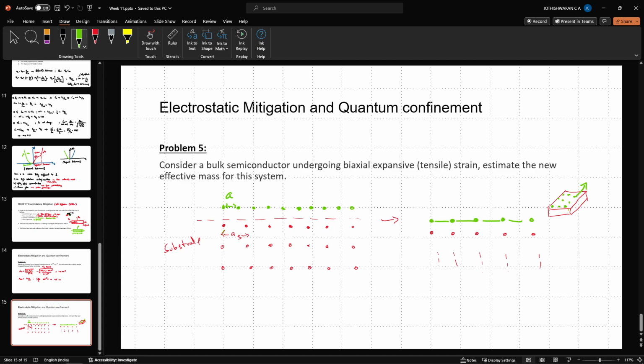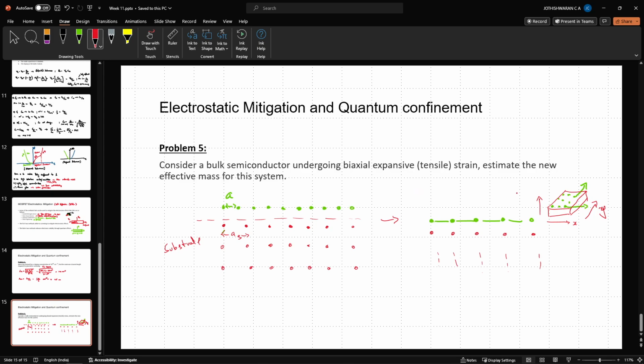Now there will be stress along both these directions because the lattice needs to be matched along the x-axis and the y-axis. Let me say this is the x-axis and this is the y-axis. Then you can see that there is a biaxial stretching. That is what I mean by biaxial strain, and there is no tensile strain for the material along the z-axis. So it undergoes biaxial tensile strain.